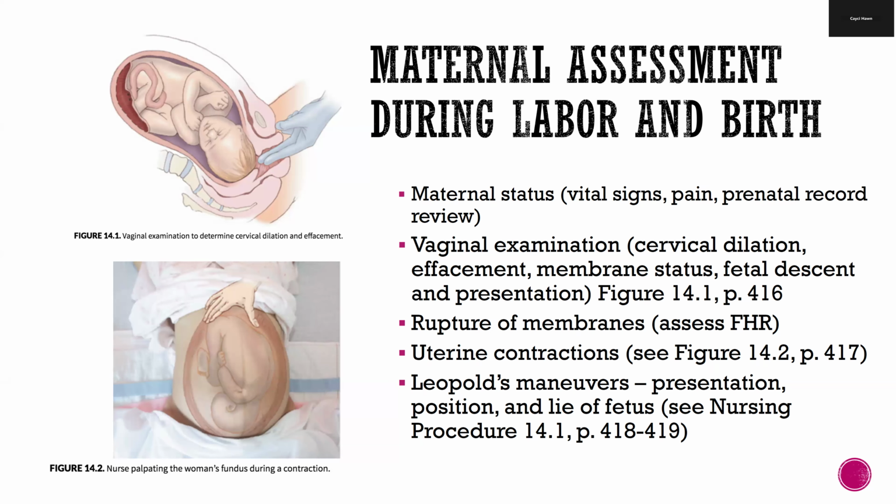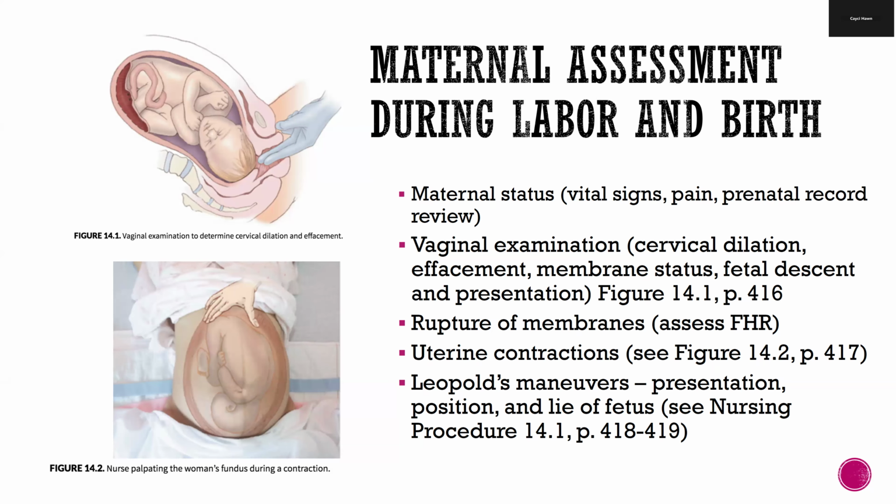So, anytime the membranes rupture, whether it's spontaneous or artificial, we assess the fetal heart rate first. And then we look at the amount and the color of the amniotic fluid and take note if it has any odor.